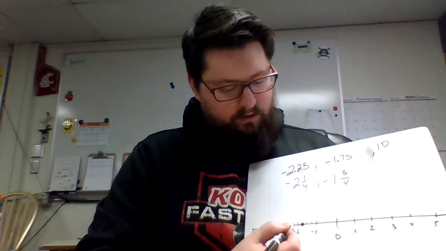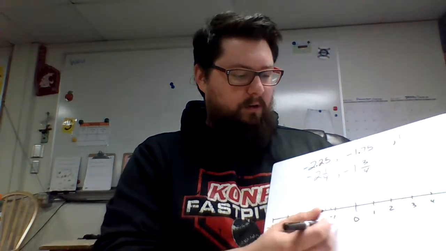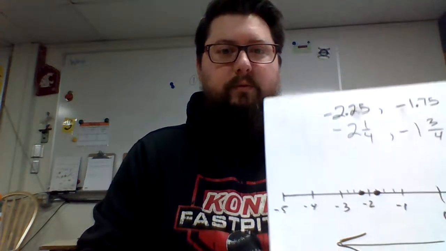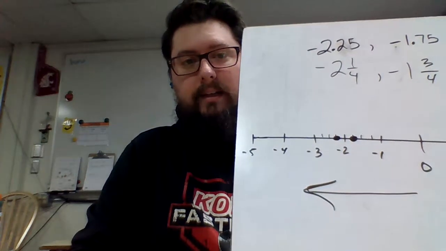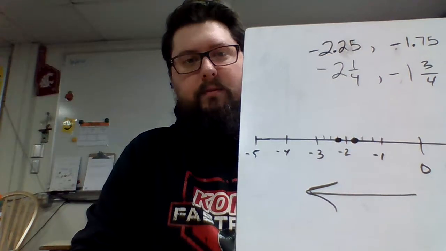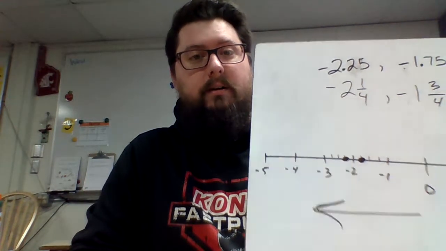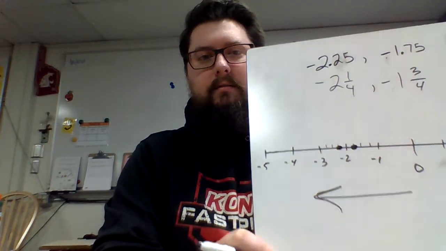Let's find negative 2 and go back 1/4 right there. Again, the further into the negative we go, the less value the number has. So negative 2.25 is the lowest number. So we can show it on our number line just like that.